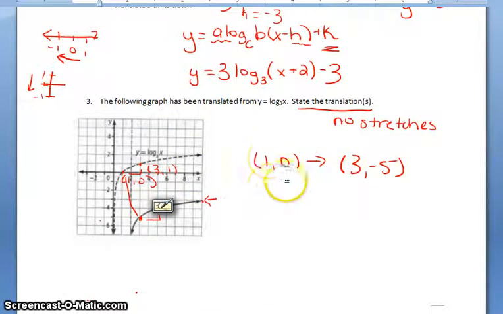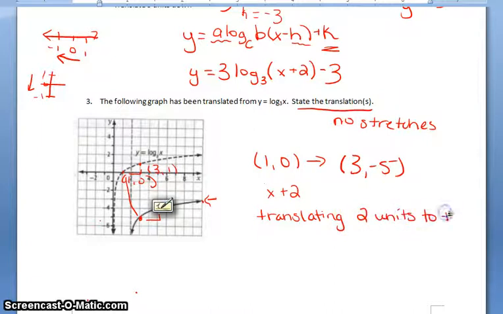It goes from 1 to 3, so that's x plus 2. You add 2 to 1 to get 3. So that right there is translating 2 units to the right. Okay, so that's for the first one.